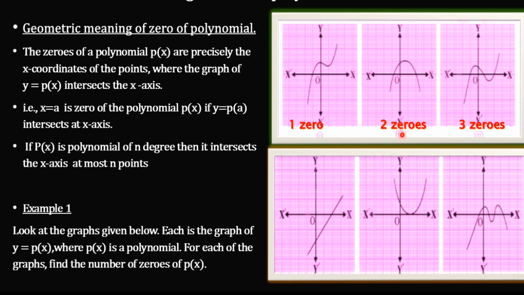Here only 1 point, so 1 zero. Here only 1 point, so 1 zero. Here 1, 2, 3, 4: the graph intersects the x-axis at 4 points, so it must have 4 zeros.